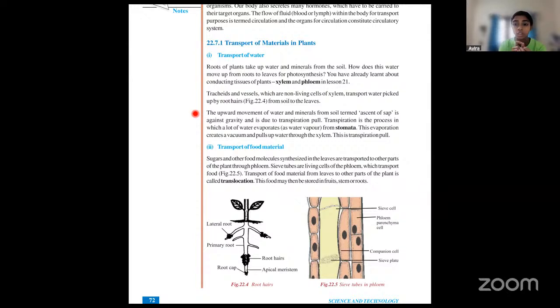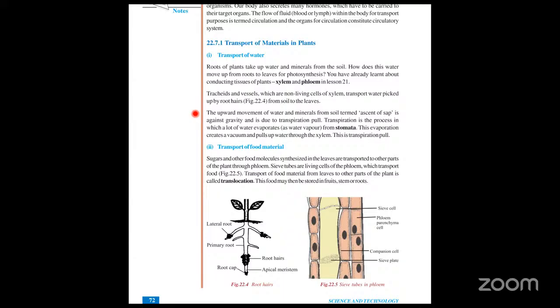Transpiration is the process in which a lot of water evaporates as water vapor from stomata. This evaporation creates a vacuum and pulls up water through the xylem. This is transpiration pull. The transpiration pull we understand.